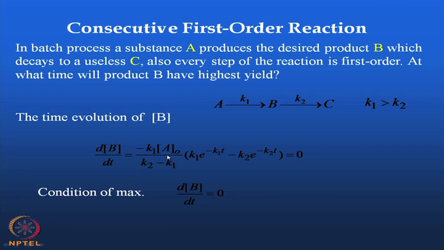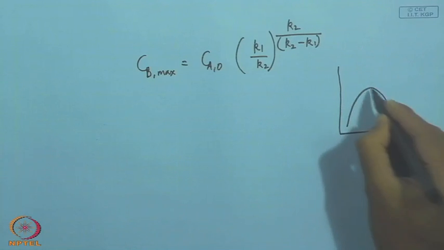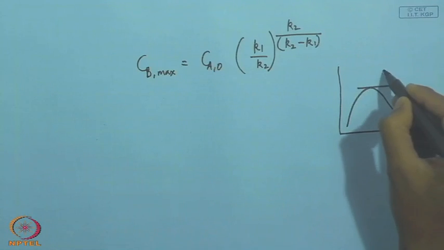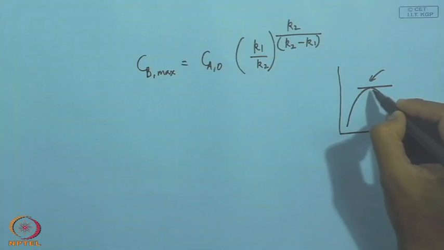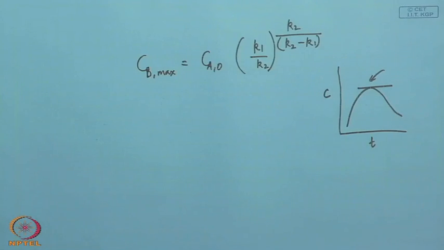So, you have to extremize it, because you would like to find out the condition when this happens. This is concentration versus time, so you just extremize it.